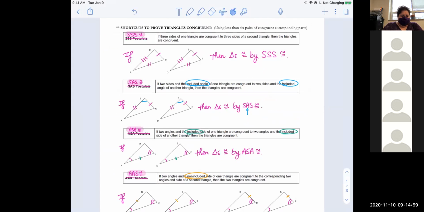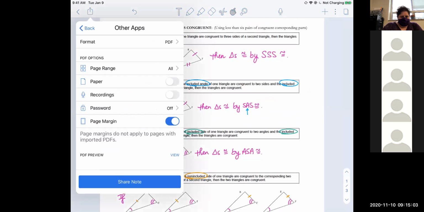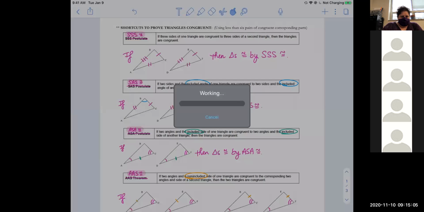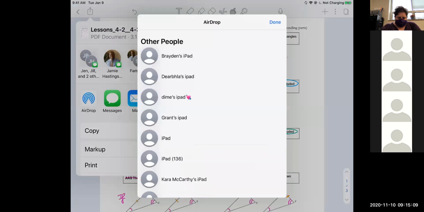Megan, I'm going to airdrop this to you. Make sure it's on. You think it's this one? Is that it?